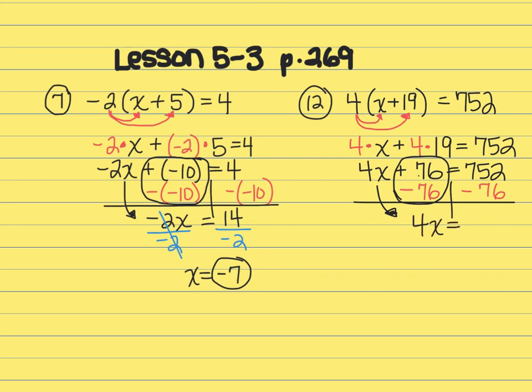So 4x, or 4 tickets, had to be a total price of $676. Now, I need to divide the $676 by 4 to see what is the actual cost of 1 ticket. And 1 ticket would cost $169.